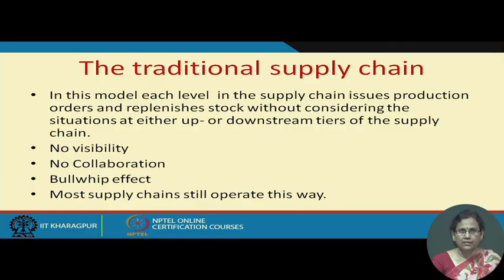Naturally, such supply chains are not optimized. In fact, we are not dealing with the supply chain optimization part, we are simply concerned about the information flow, and to know more about this, you have to go through some supply chain course about the optimization part.